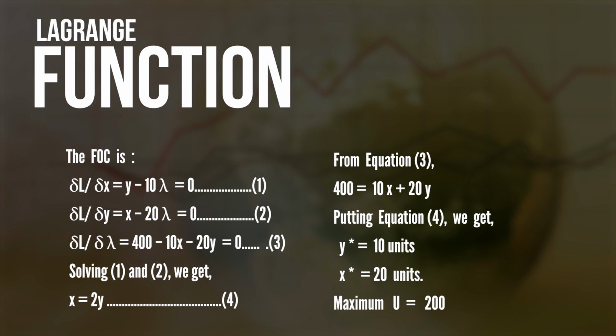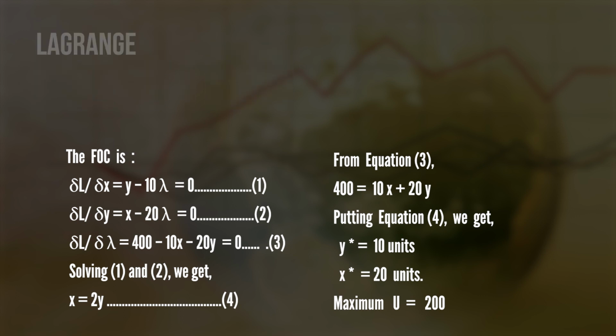And then we have del L del lambda, which is based on the Lagrangian multiplier. From equation 3, we can see that 400 equals 10x plus 20y. And by substituting equation 4, we get the absolute units of x star and y star, which are 10 and 20. And by putting them in the utility function, we get U max as 200.